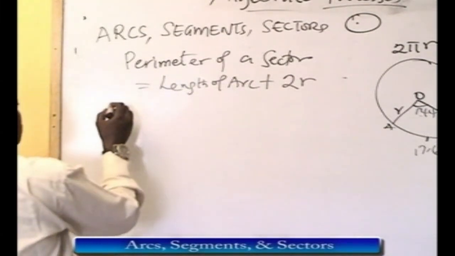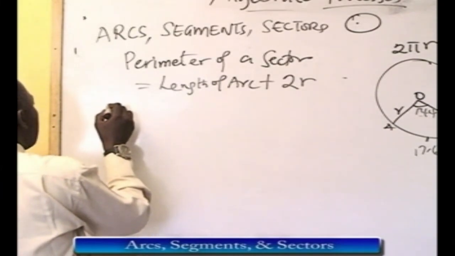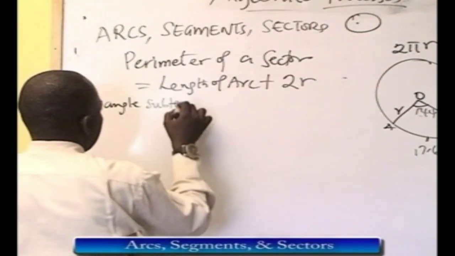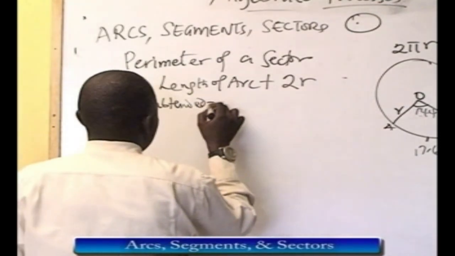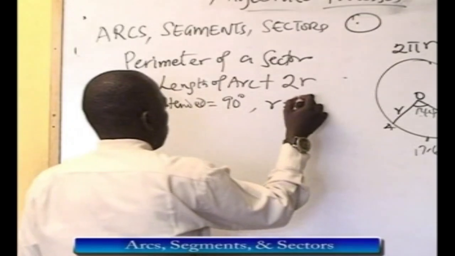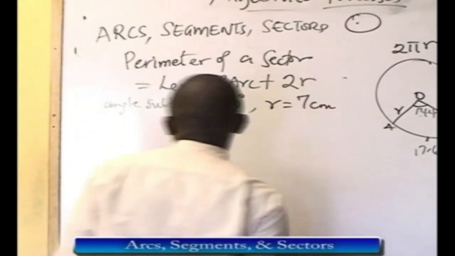Look at this question. The angle subtended equals 90 degrees. Radius equals 7 centimeter.